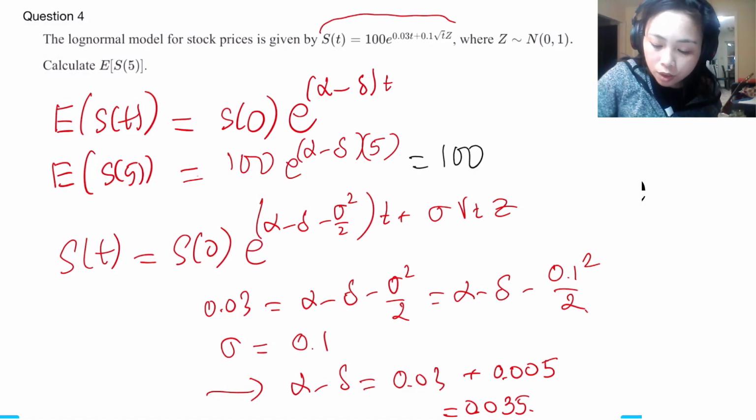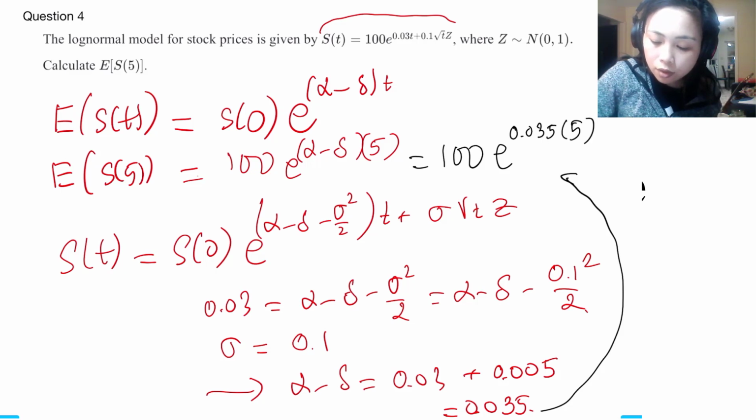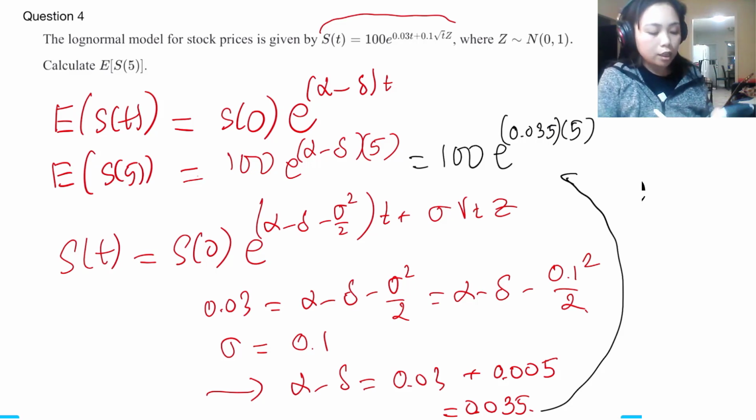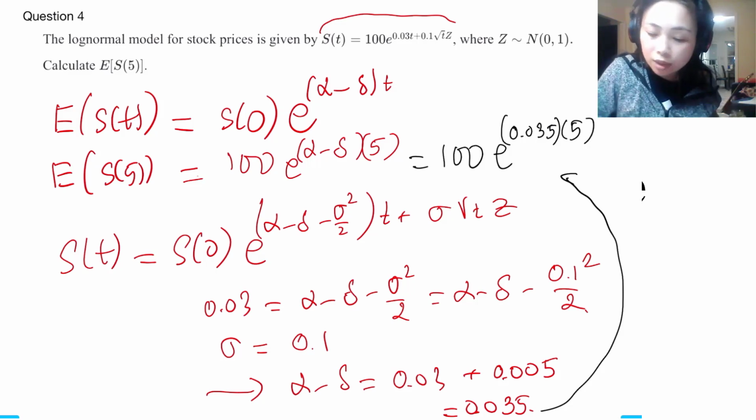It is 119. See that? That's how you find the answer. Alright, so that is problem number 4. So the answer is 119. 119 is the expected value of S of 5.